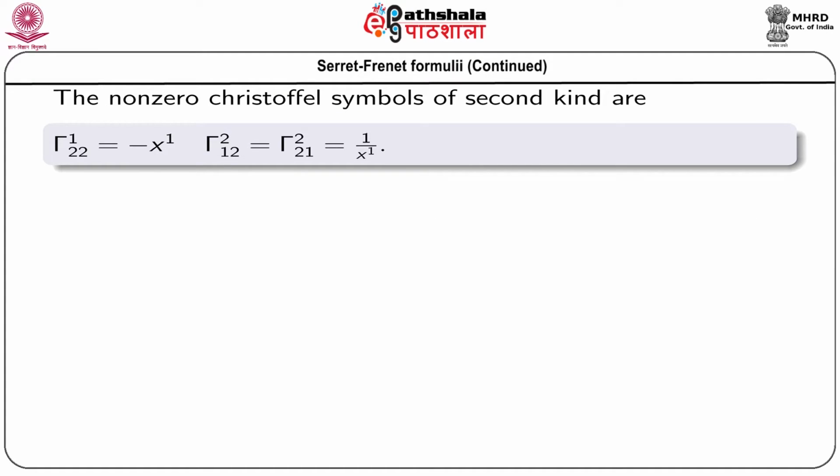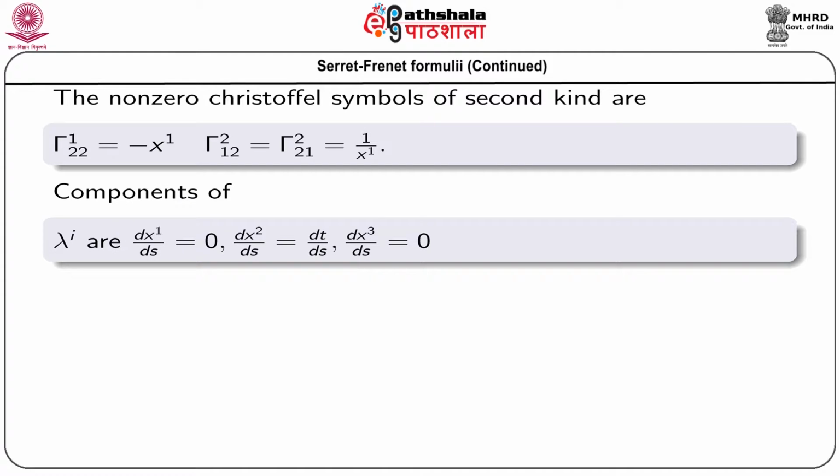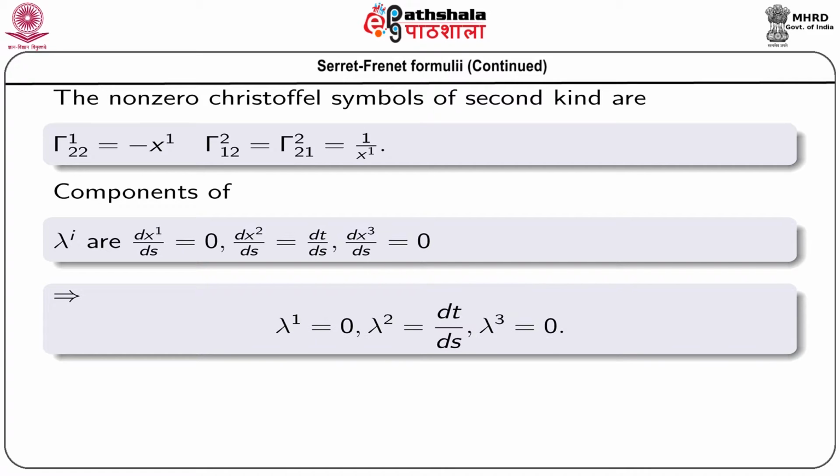The non-zero Christoffel symbols of the second kind are Γ^1_22 = -x^1, Γ^2_12 = Γ^2_21 = 1/x^1, and the components of lambda^i are dx^1/ds = 0, dx^2/ds = dt/ds, and dx^3/ds = 0. That means lambda^1 = 0, lambda^2 = dt/ds, and lambda^3 = 0.